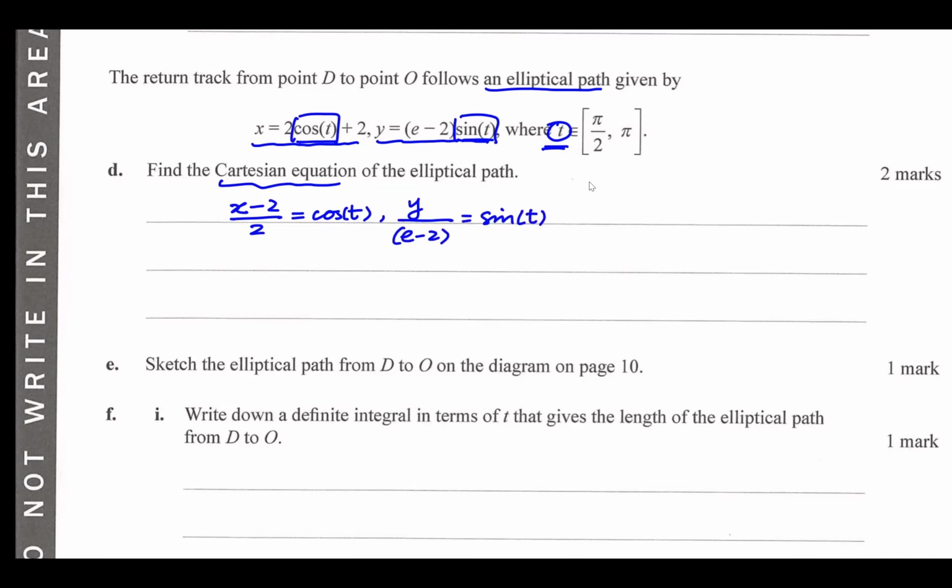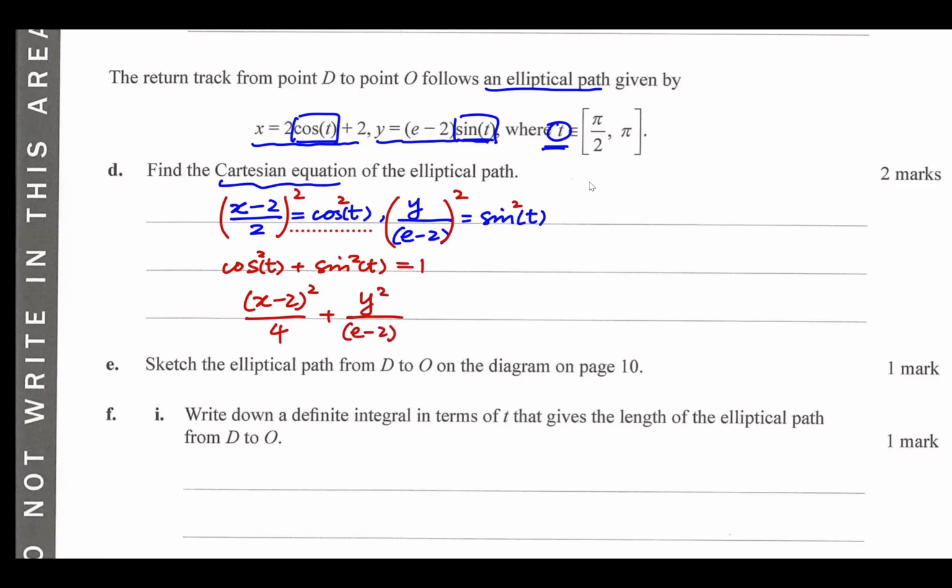And if we just square everything, we can safely use cosine squared t plus sine squared t equals 1. The Pythagorean identity will give us (x minus 2) squared divided by 4 plus y squared divided by (e minus 2) squared equals 1. So that is a Cartesian equation.